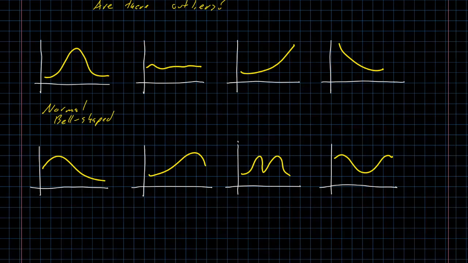This is known as a normal distribution or a bell-shaped distribution. This is the standard by which all other distributions are judged.